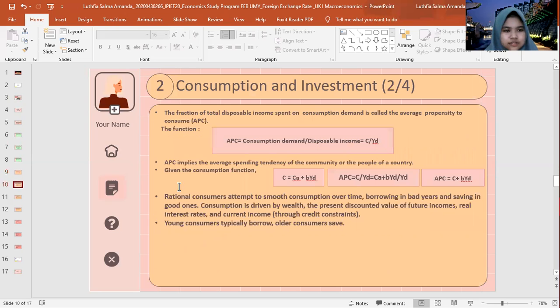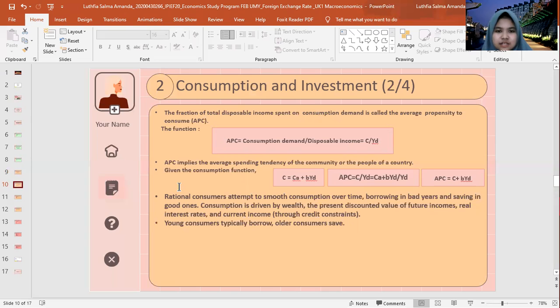And then the fraction of total disposable income spent on consumption demand is called the average propensity to consume, or APC. The function is APC equals consumption demand divided by disposable income, or you can write it as C divided by YD.